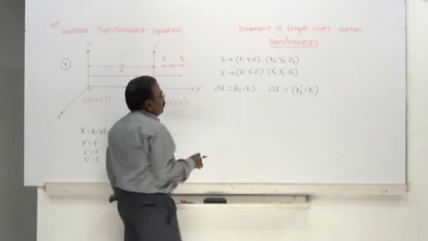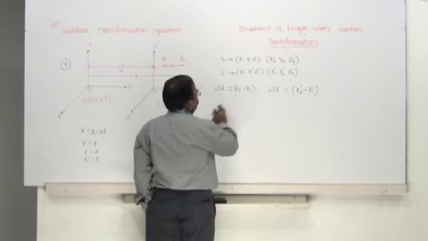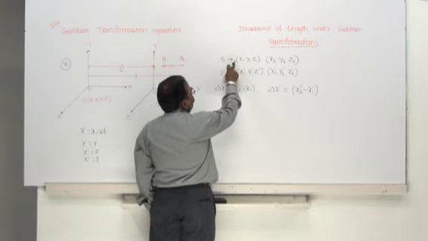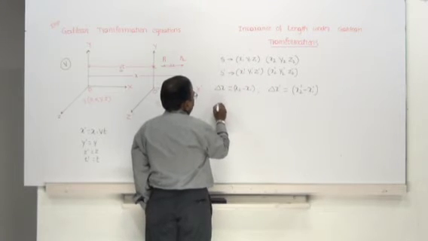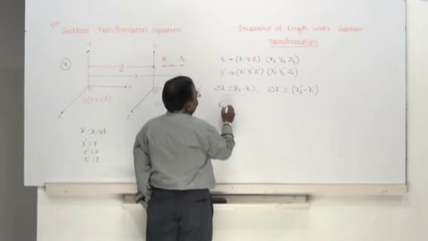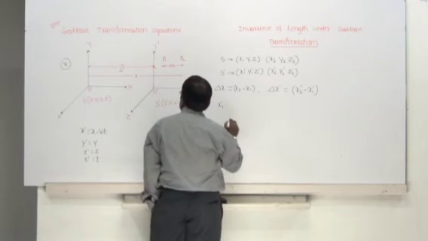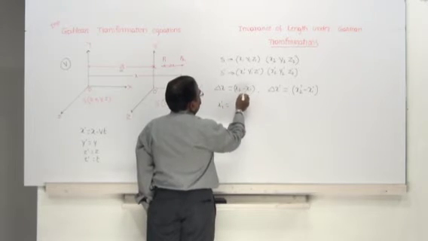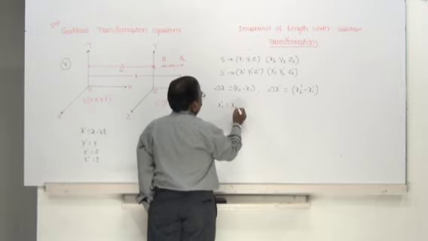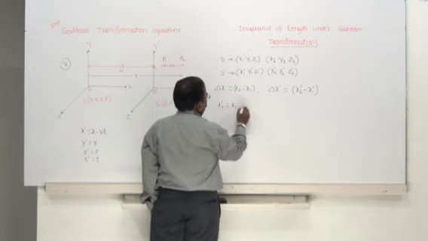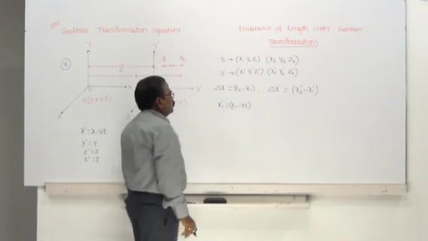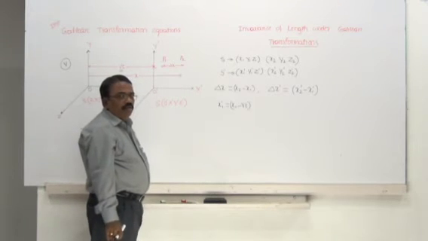Now for P1, this is S dash frame and S frame. x1 dash is equal to x1 minus vt.